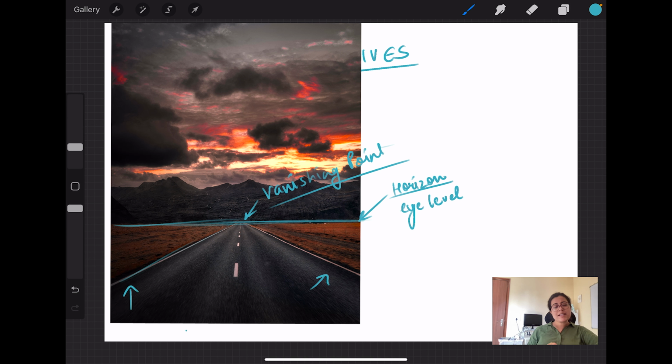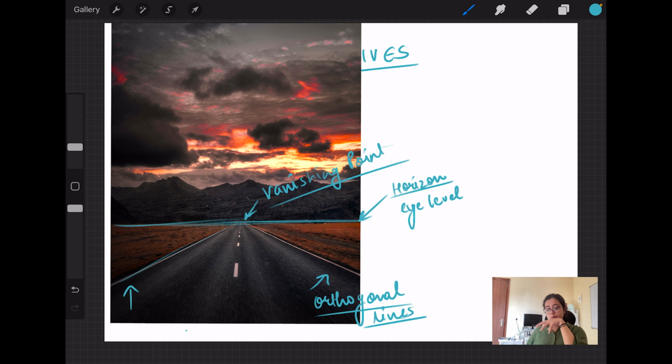In reality they are parallel and never going to meet, but they do look like they are going to meet in the photo. When we are traveling along a long road, these lines are called orthogonal lines. I'm going to write it over here so that you remember the names.